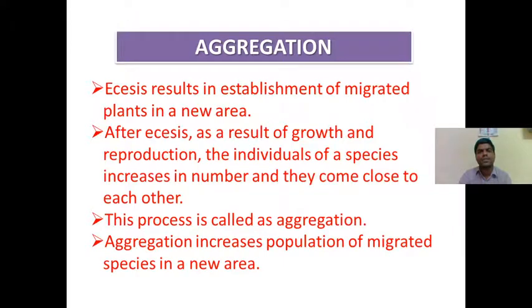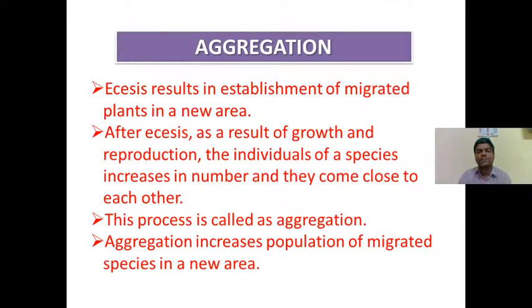And as a result of subsequent germinations, what is going to happen? The individuals of a species will increase in their number, and because of this germination, those species will come close to each other. And this process of coming close to each other is called as aggregation.